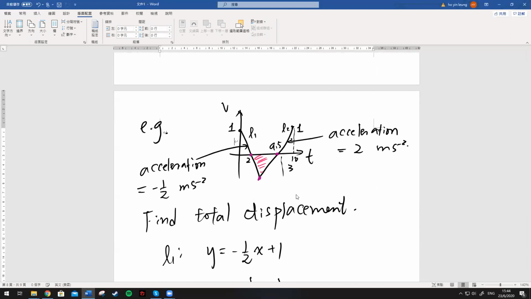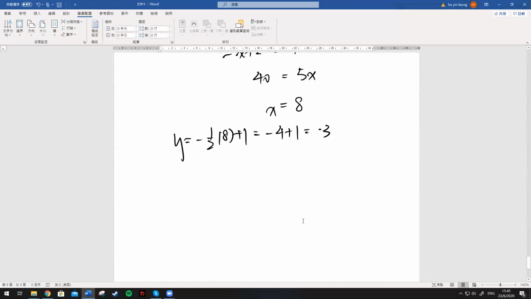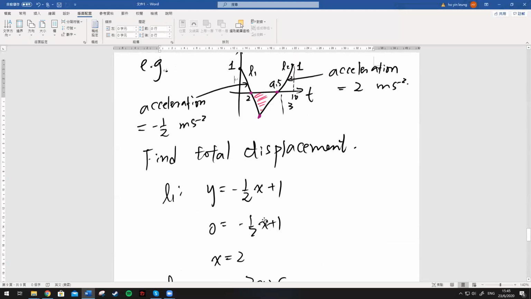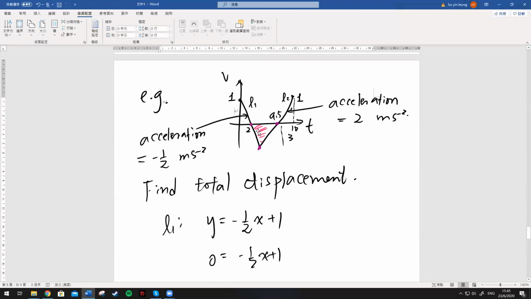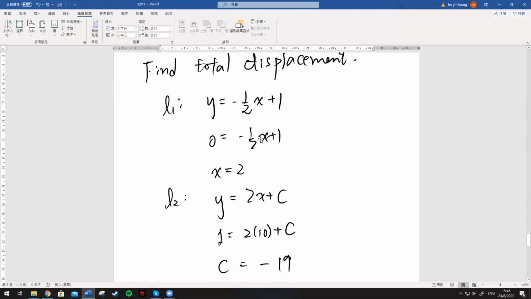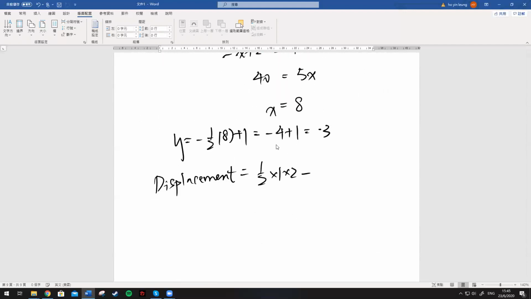So the total displacement: first of all, the first journey is a half times 1 times 2. And then for the middle part here, you need to subtract this part, so negative of a half times (9.5 minus 2) times the height, which is 3.